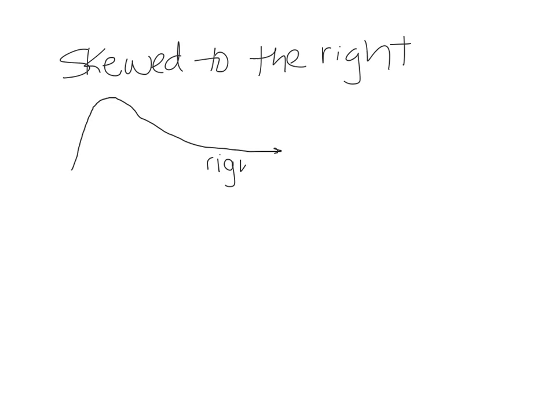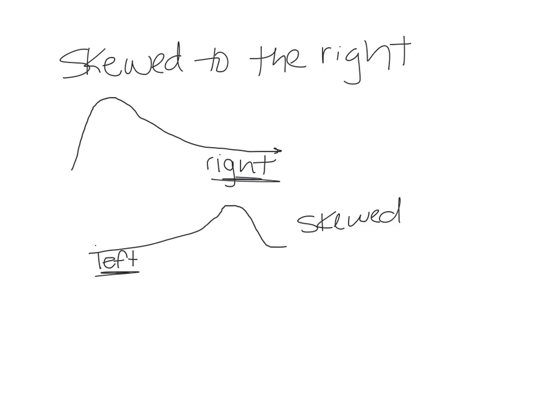It's where the tail is, skewed to the right. And then skewed to the left is basically just the opposite. So you have a lot of the data on the right side, but something's pulling it out to the left. So you look at the tail. Where the tail of the data is determines the skewness.